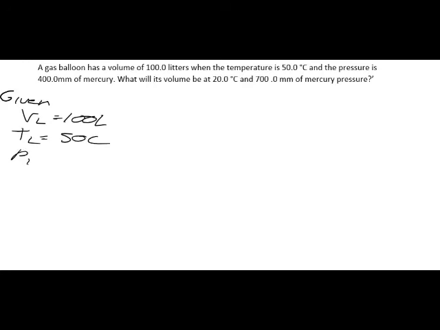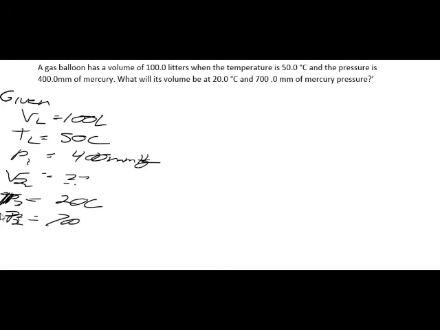Pressure 1 is 400 mmHg. V2 is missing. T2 is 20 Celsius and pressure 2 would be 700.